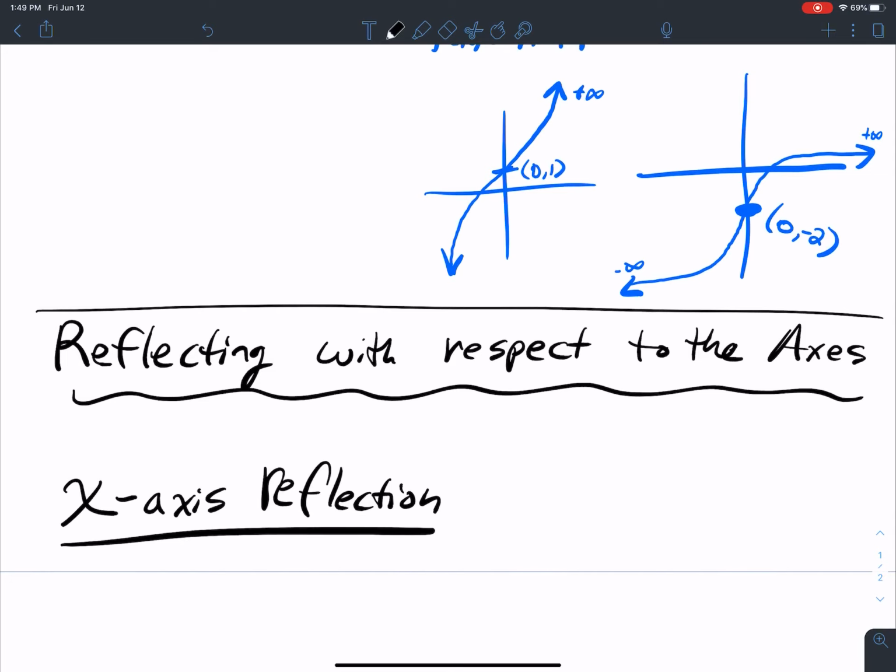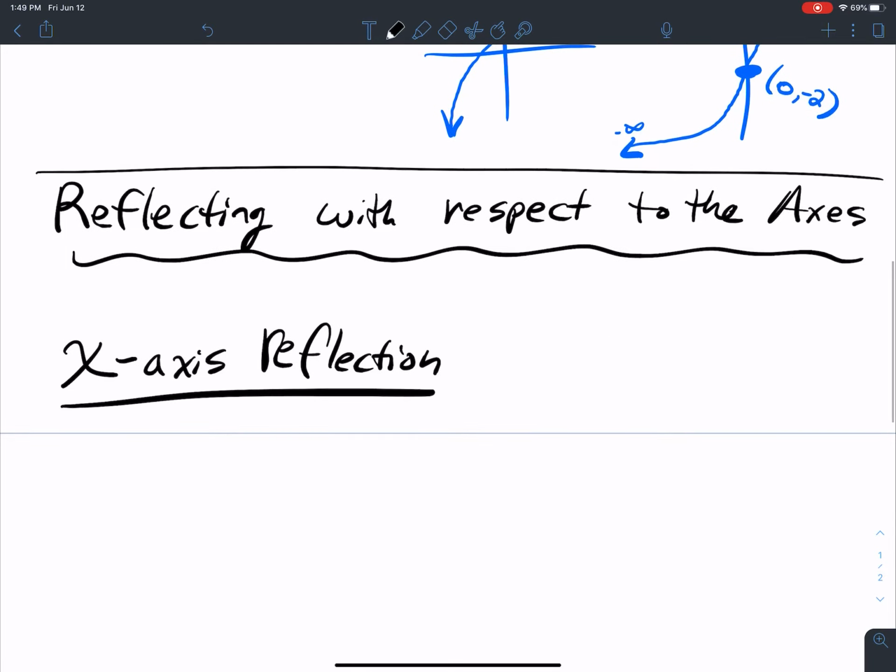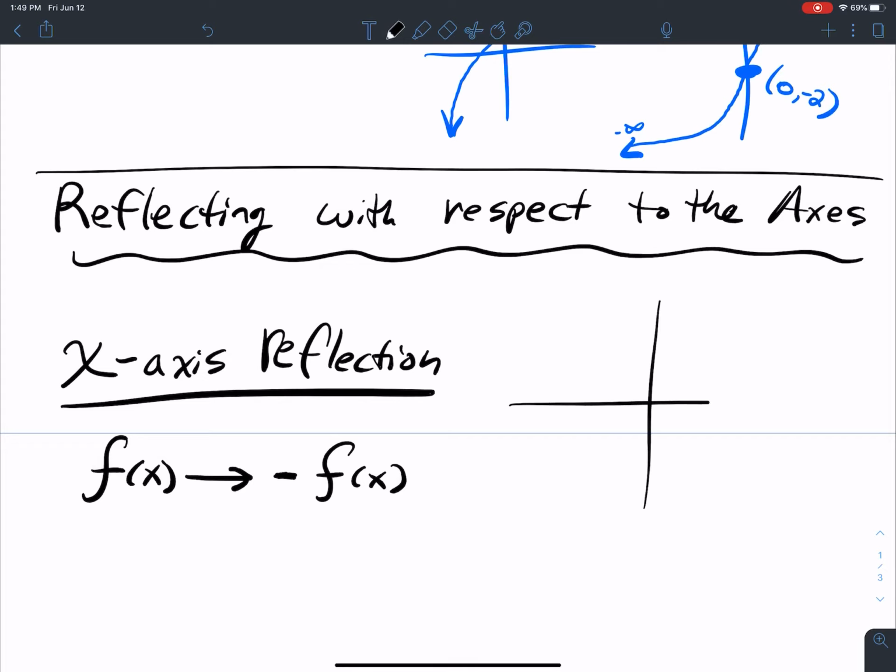Okay, how does x-axis reflection work? It takes a graph f of x and it reflects it by multiplying the whole function by -1. Okay, so what do I mean by that? So say I have the function f of x equals x squared.